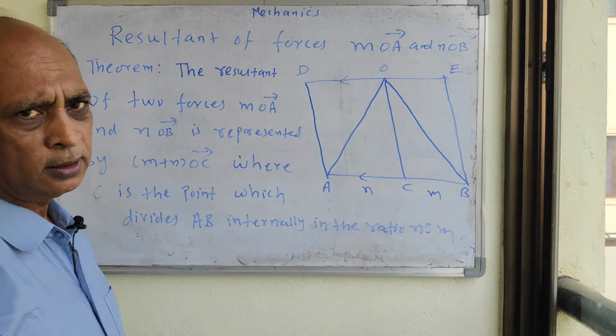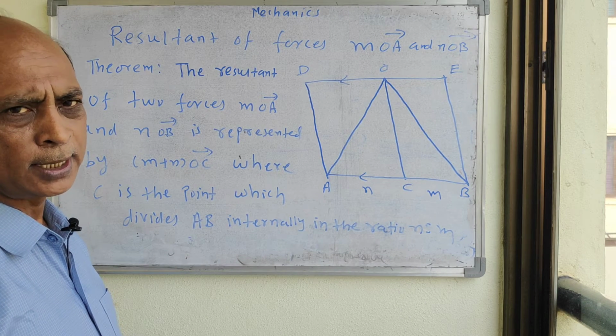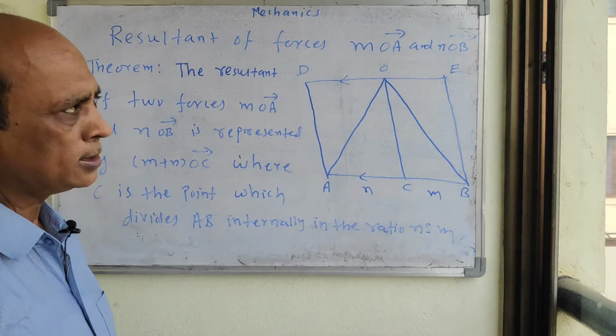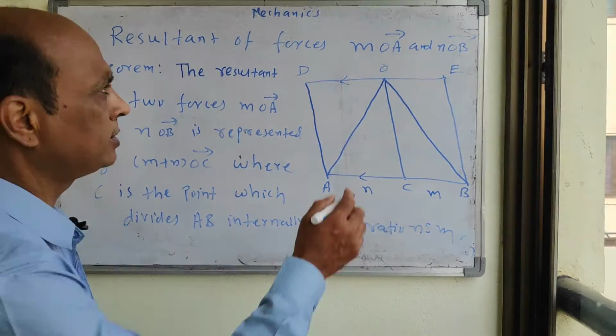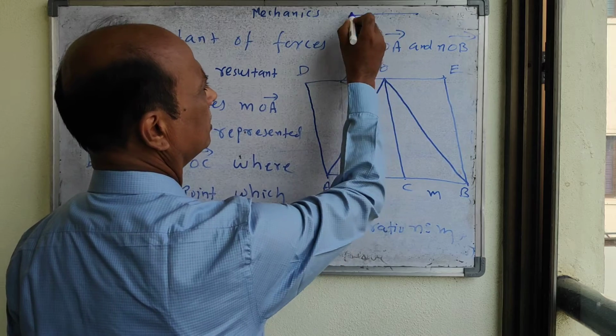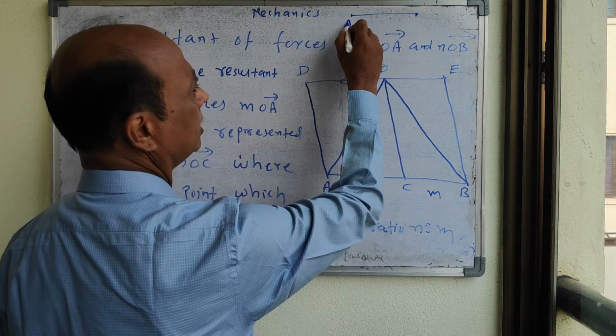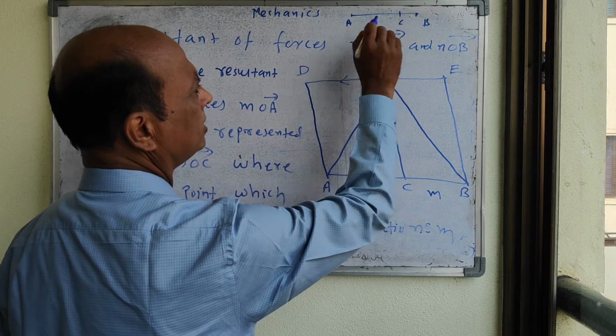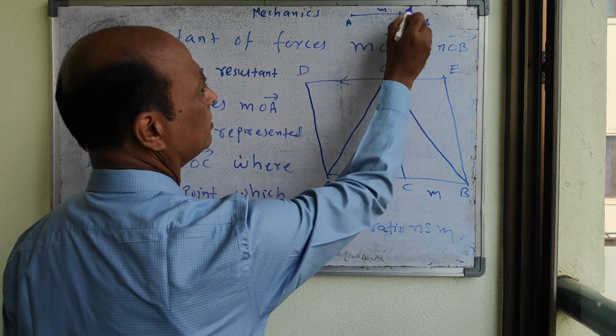At school level, and in 11th standard, you have studied internal division and external division. Internal division means suppose there is one segment, this is AB, and suppose there is one point C which divides this AB internally in the ratio m to n.